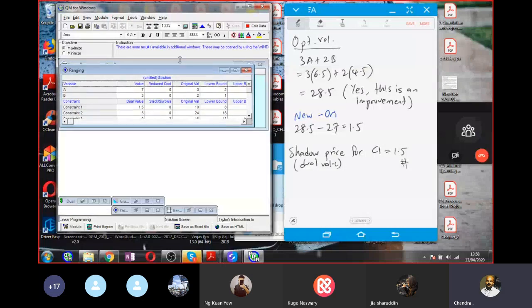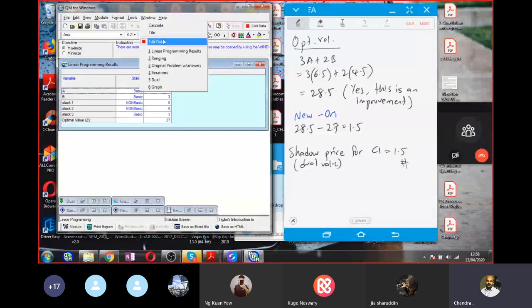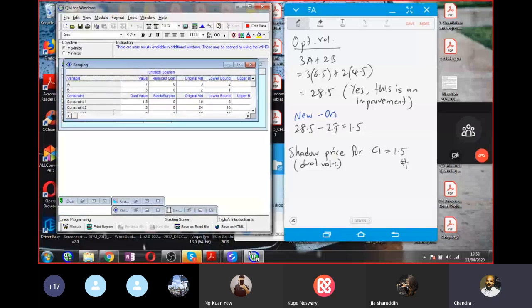Okay, if you try to solve here, there will be 6 kinds of solution. You go for ranging. In the ranging, you can see constraint 1 is our binding constraint. Constraint 2 is our binding constraint. For constraint 1, look at the dual value. How much is this value? 1.5. Now, constraint 2.